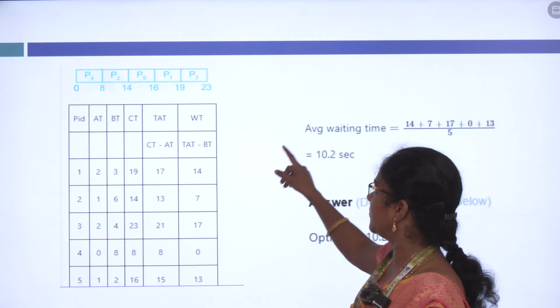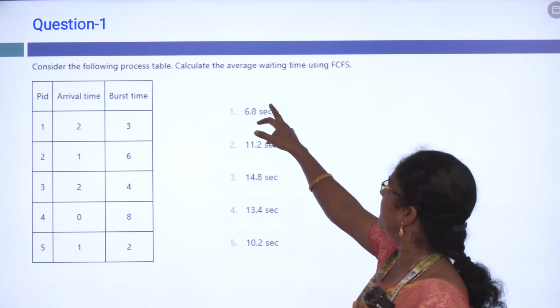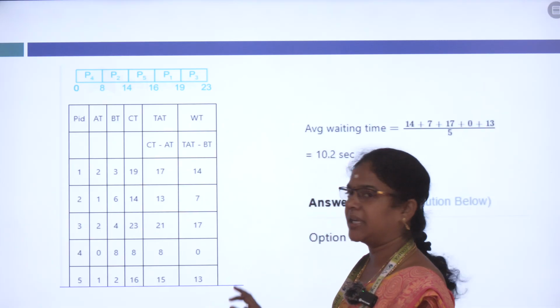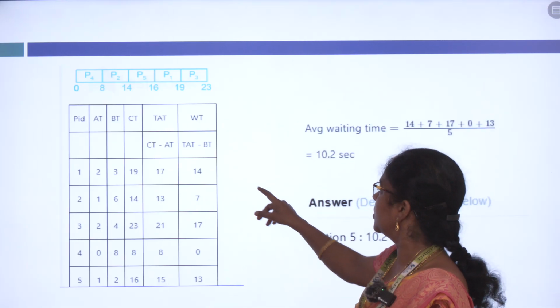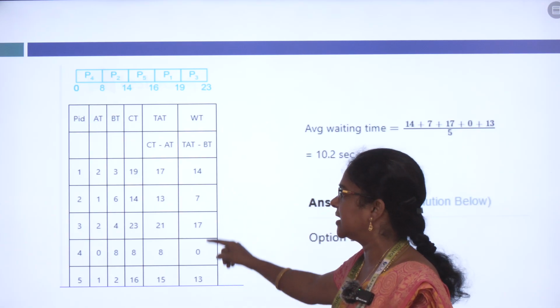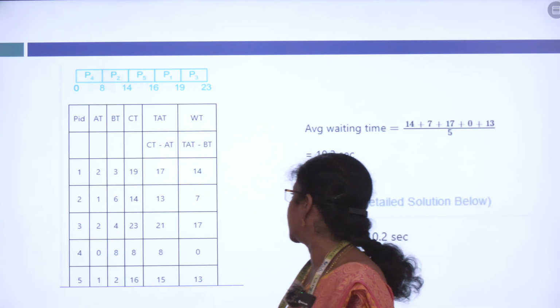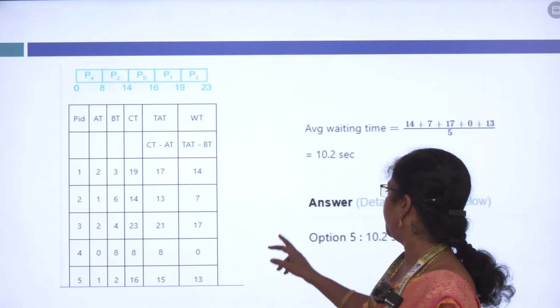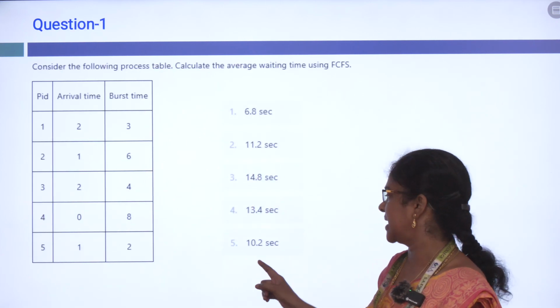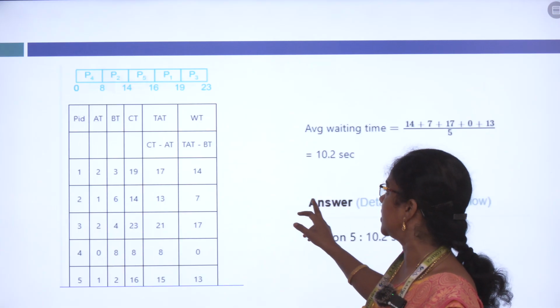Here the average waiting time is asked, so we calculate the waiting time only. You add 14 plus 7 plus 17 plus 0 plus 13 divided by the number of processes, 5. So the answer is 10.2. So here option 5 is 10.2. Okay, so this is the first question.